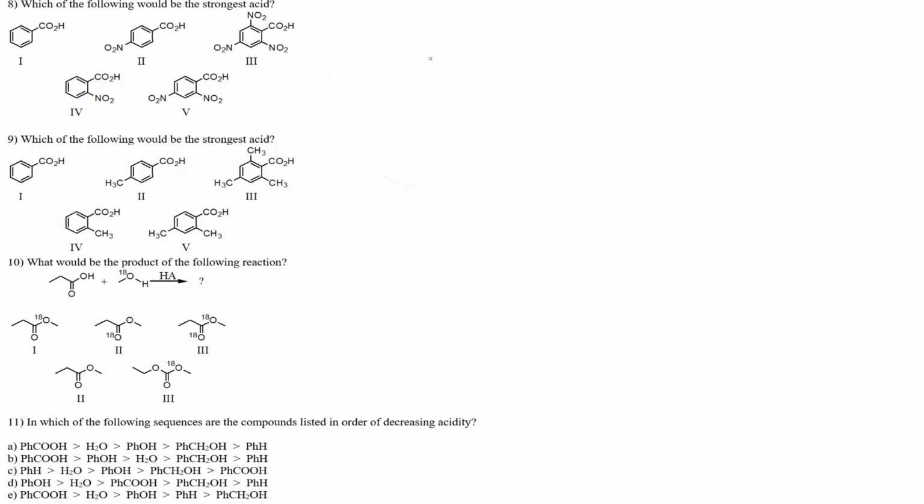Now, as you can see right here, if we have a benzene ring, and let's just say we have a nitrogen with 2 oxygens, okay? So we have 2, 4, 6, 8, meaning that this nitrogen right here would be positive, right? Now let's say that we have a carboxylic acid.